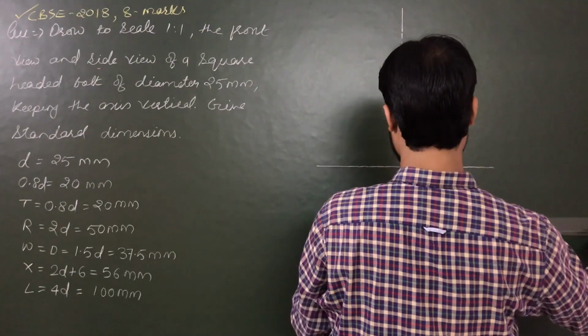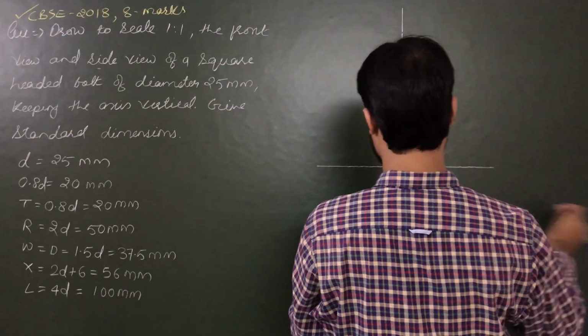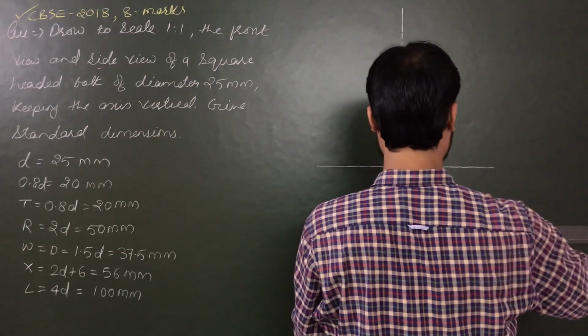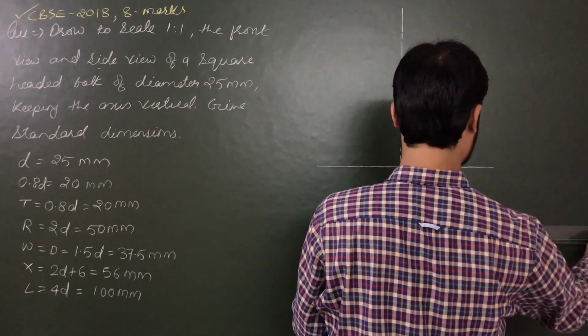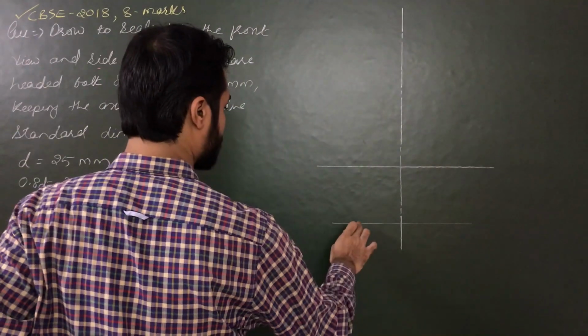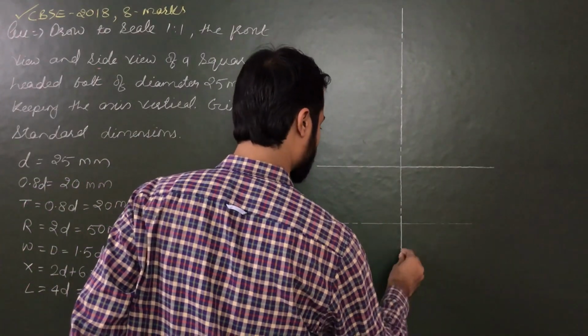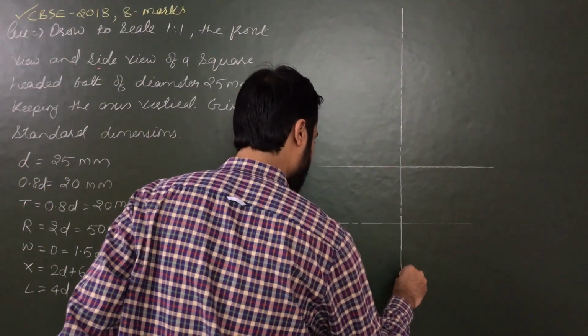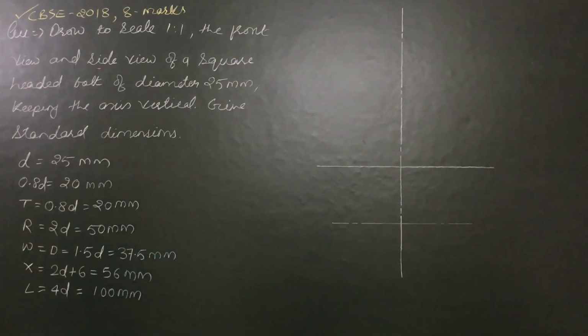And after reference line, please draw its central axis for the top view. This is central axis, right? Okay. Now the first thing is its major dia, minor dia, and diameter of chamfering circle. So we have to start from its top view.